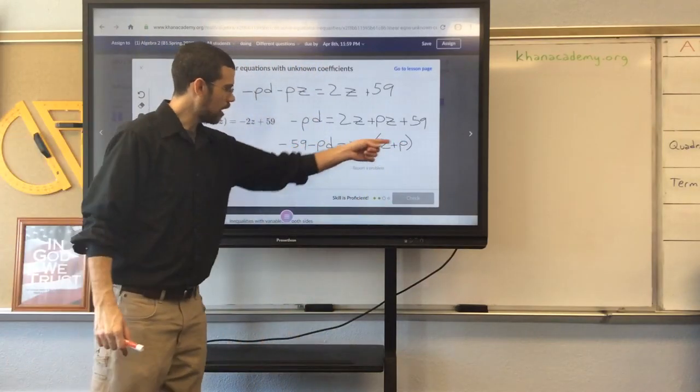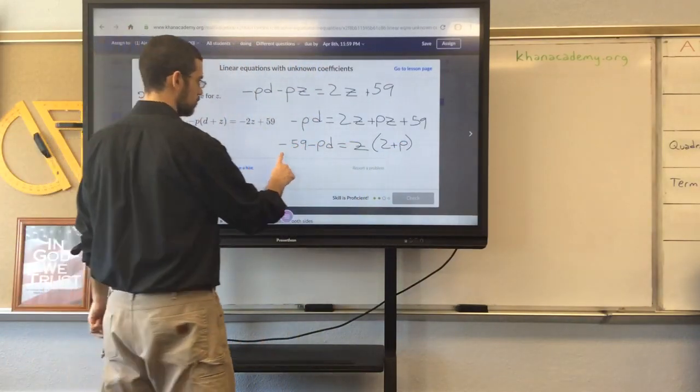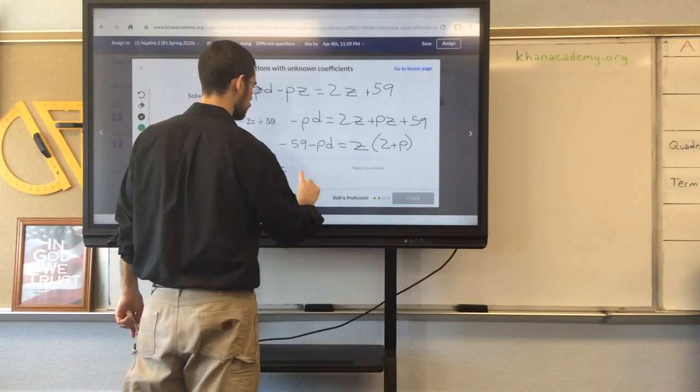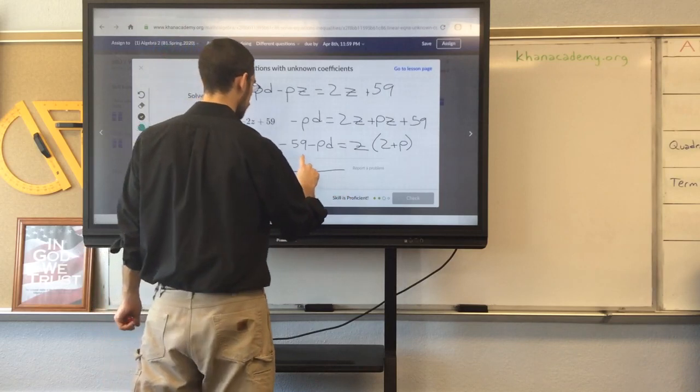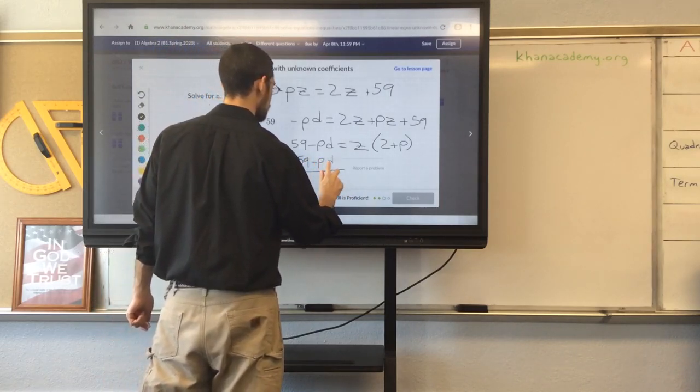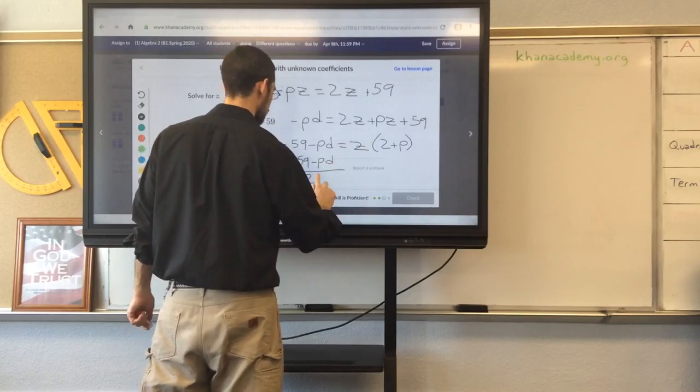Now I can divide by what I was multiplying, so I can undo that and get z alone. Z should equal negative 59 minus pd divided by 2 plus p.